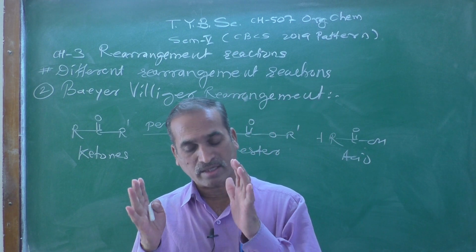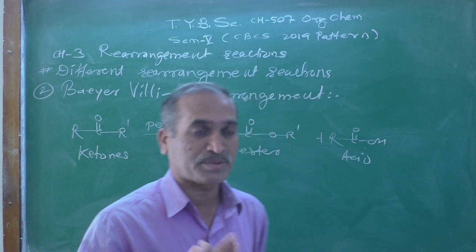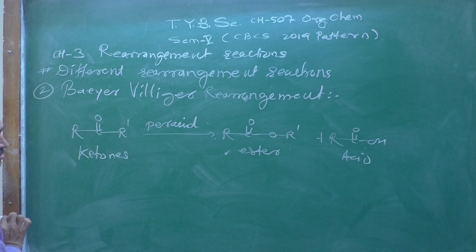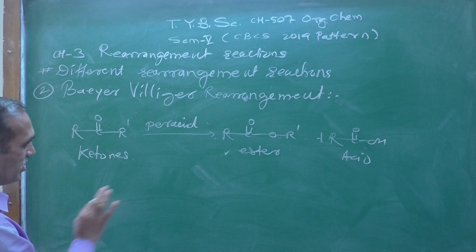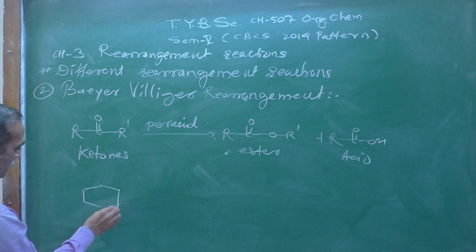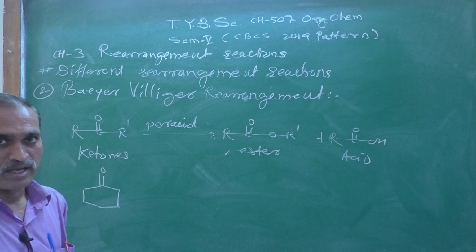Cyclic ketones are converted to lactones with ring expansion. Remember, these were open chain ketones, and ketones are also observed in a cyclic form.